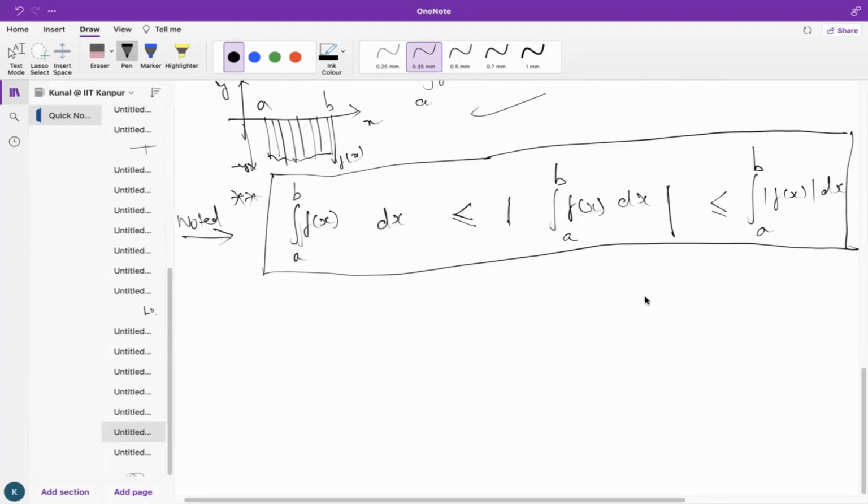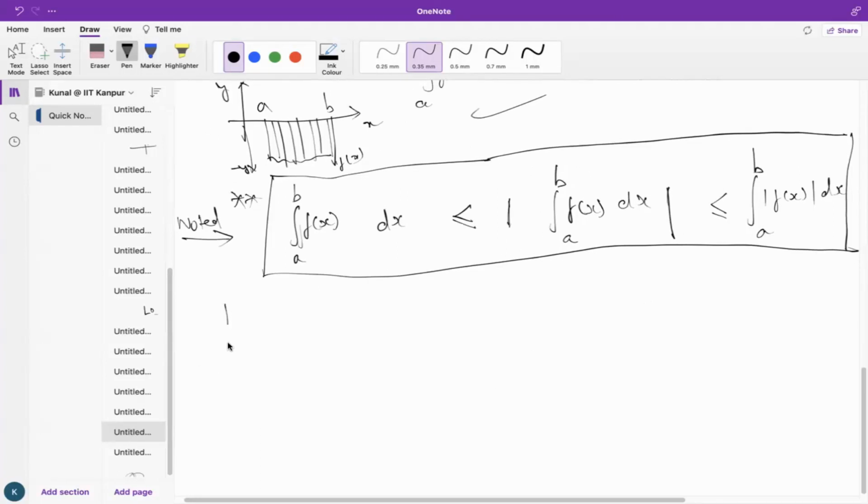So let me show you this again by graph. Let us suppose this is our function graph. This is the x-axis, this is the y-axis, and our function is something like that. So this is our f(x) graph.